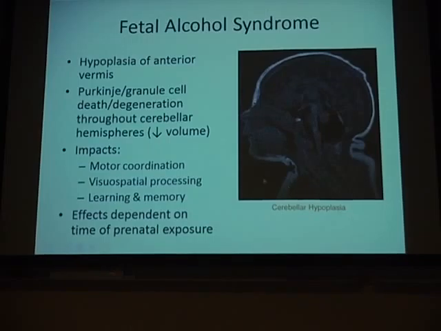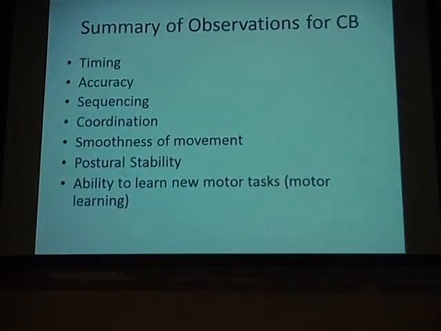And again, what FAS looks like can look really different in different kids because of the amount and the timing of the exposure. So again, just to bring it all back together, the cerebellum is going to be important for timing, accuracy, sequencing, and coordination of movement. It smooths out our movements and allows our joints to move synergistically.